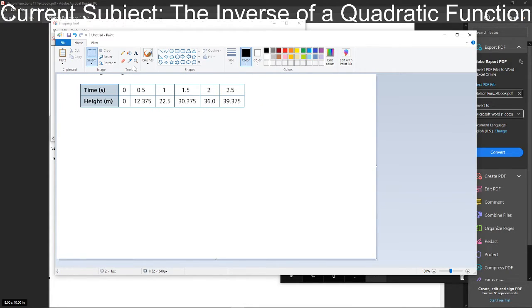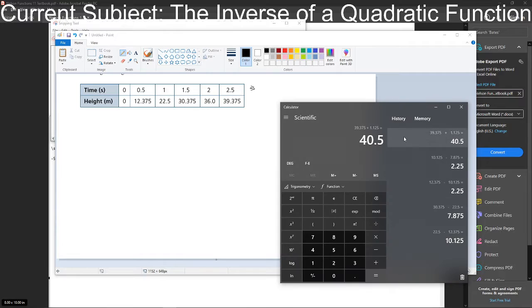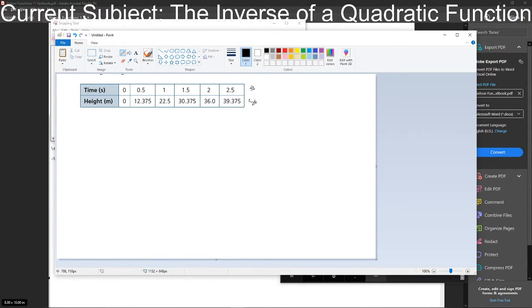Alright, and then we paste that. And this is every half. So, where's my pen? Number 3 is gonna be 40.5.